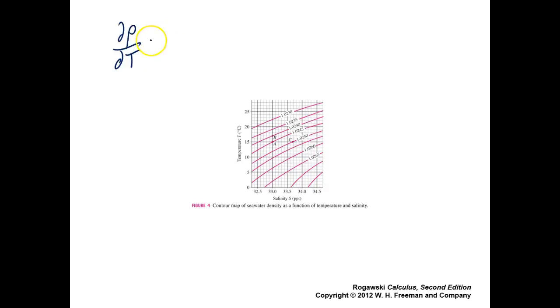In this case, going from those 2 points, the change of density was a negative 0.0005 divided by, and we decided that was 2 degrees, which would be negative 0.00025.